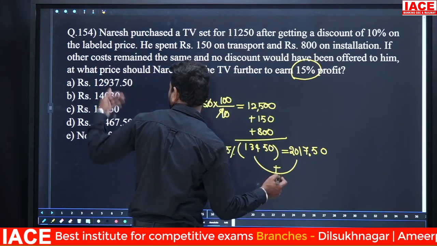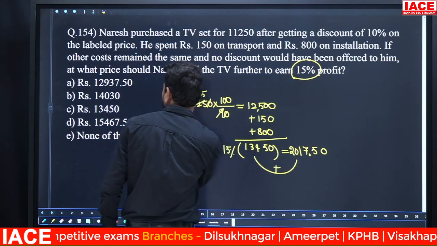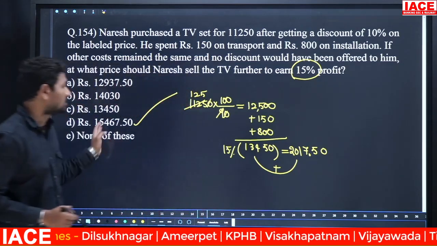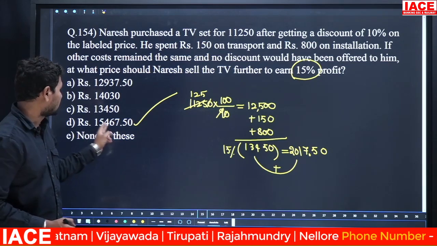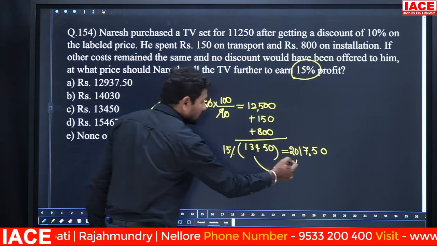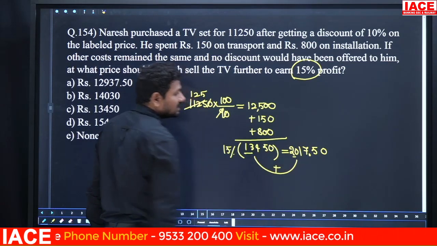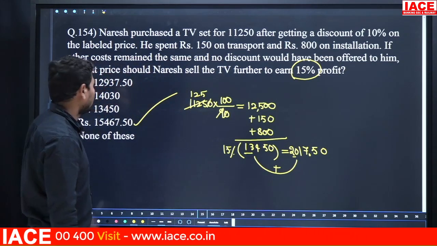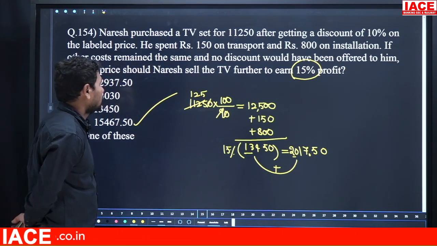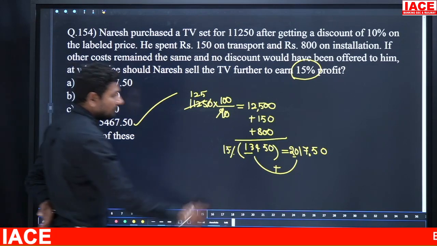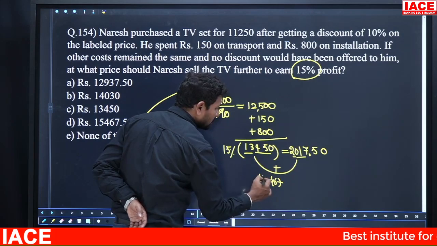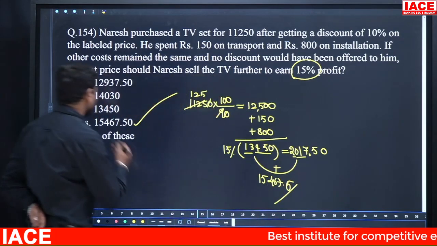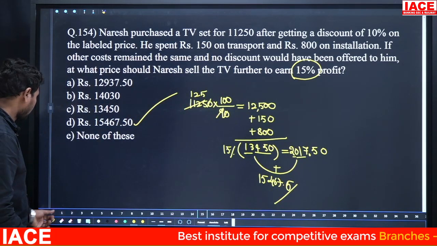Then you can observe that 0.5 with 2000 calculation in the options is 15,467. 13,000 and 2000 is 15,000, 450 plus 17 is 467, and 13 plus 2 is equal to 15 and 0.5. Then you will get option D here.